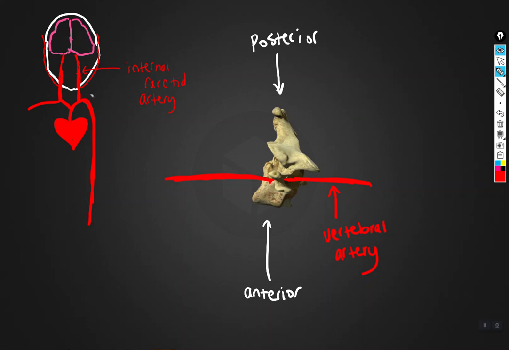There's no bone surrounding it. So it's protected by the musculature of your neck, but not that great. So if something should happen to it, you also have running up through your C-spine, through the transverse foramina, the vertebral arteries, which go up through those holes and also supply the brain.